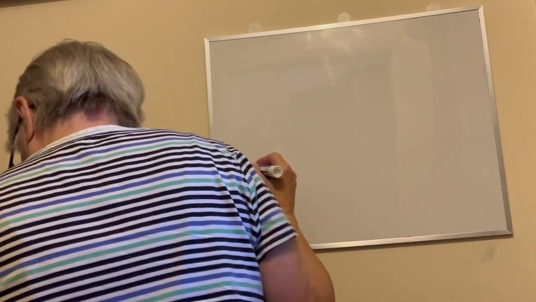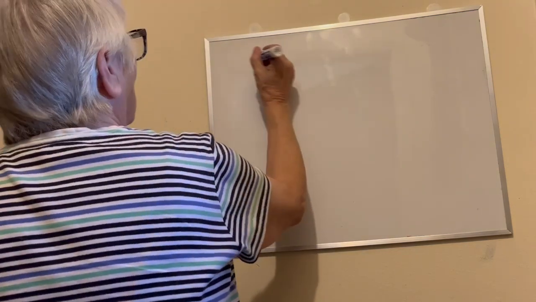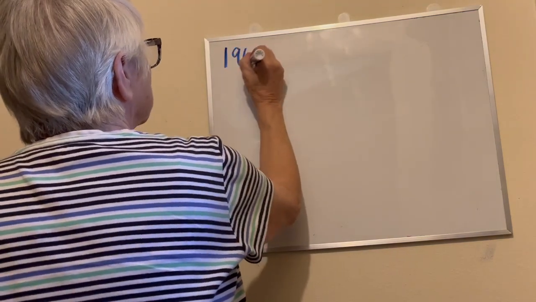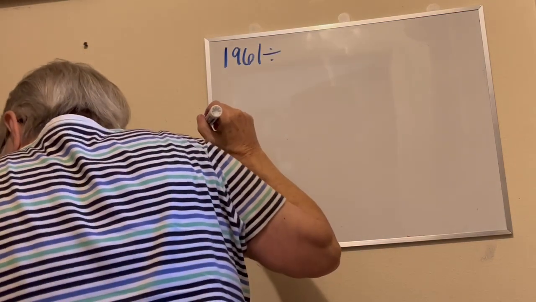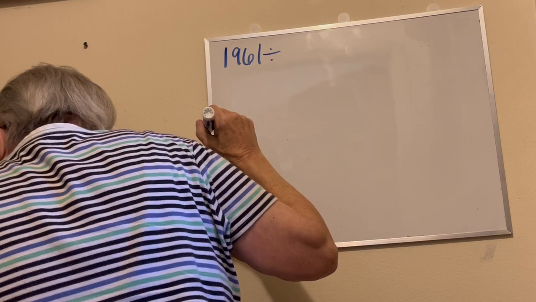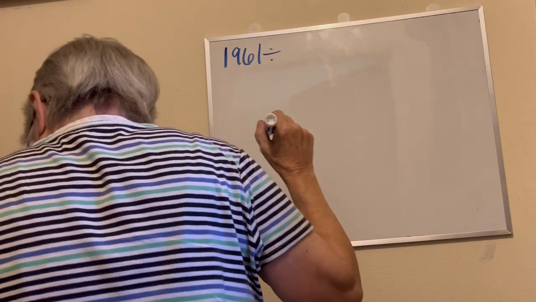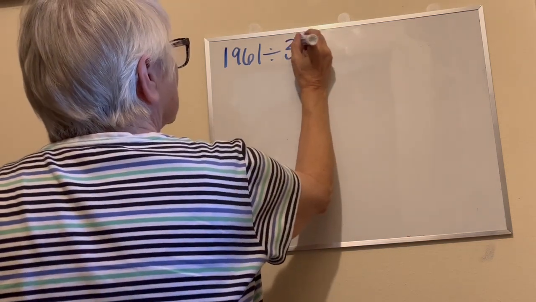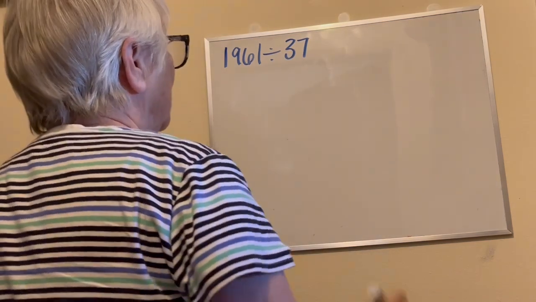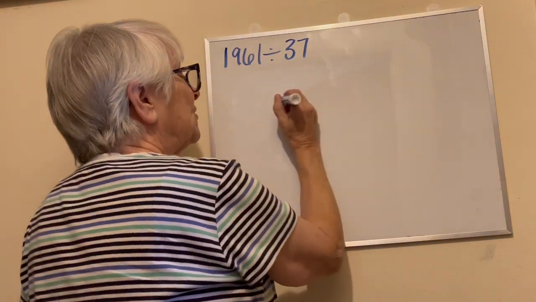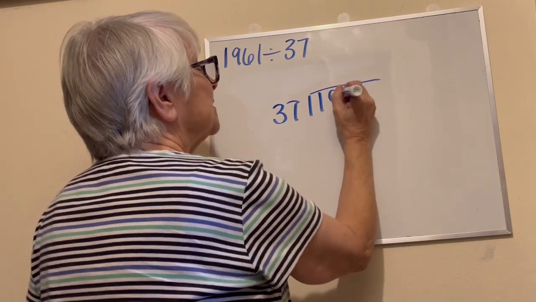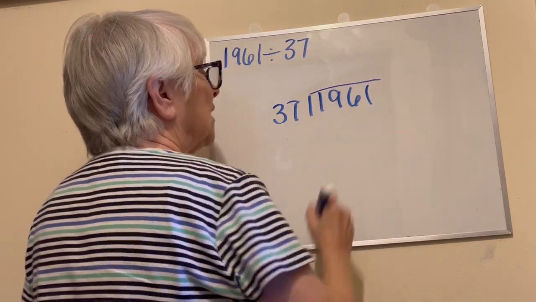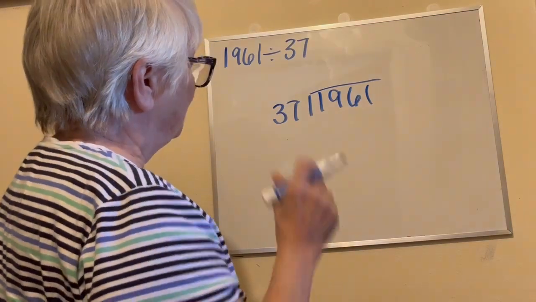Okay, so we have 1,961. That was a very good year for me. And we're going to divide that by 37. So we have 37 on the outside and 1,961 on the inside.